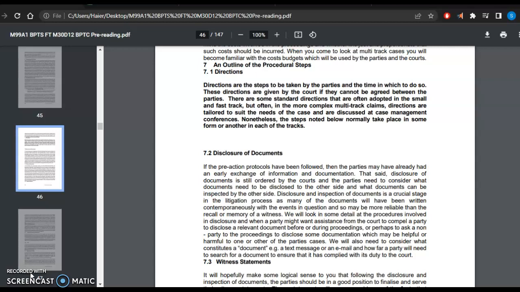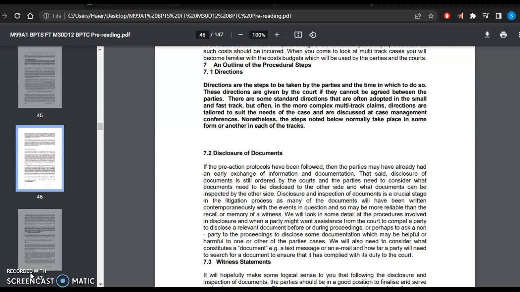Then the parties may have already had the early exchange of information and documentation. This puts a junction between the parties and opens the case for both parties to fight the case in the best possible manner.